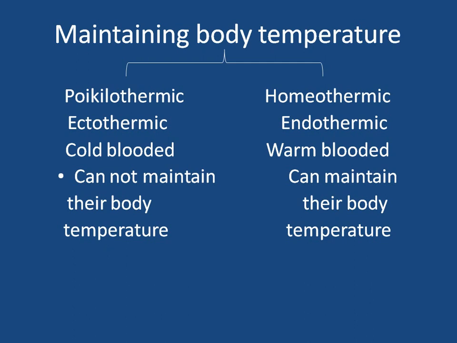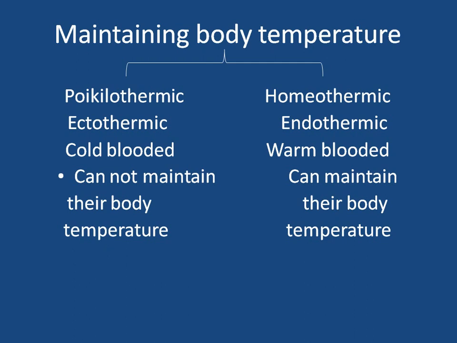If in the surrounding it is 0 degree Celsius, their body temperature will not go to 0 degree Celsius. Okay, for example, human beings will maintain their normal body temperature, whatever the temperature in the surrounding. In summer, temperature goes up to some 45 degrees Celsius also, but we do not find that much change in our body temperature. Okay, because we are capable of maintaining our body temperature.